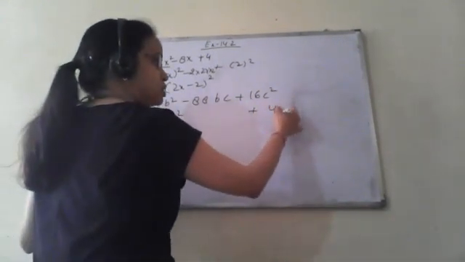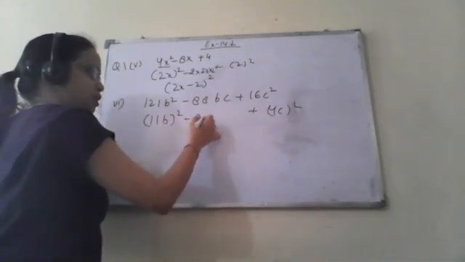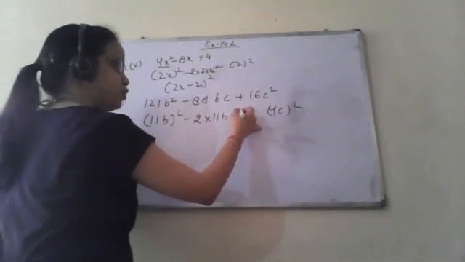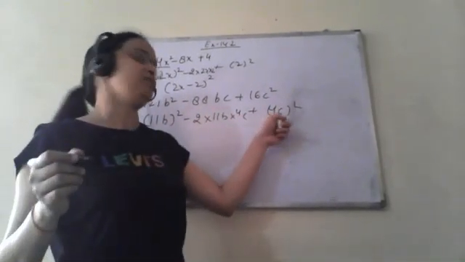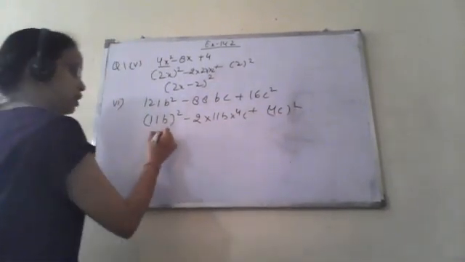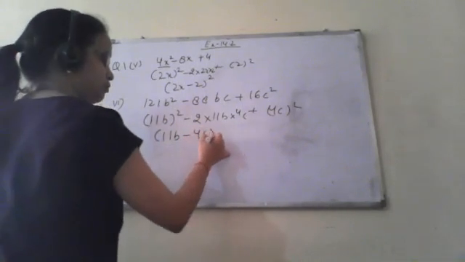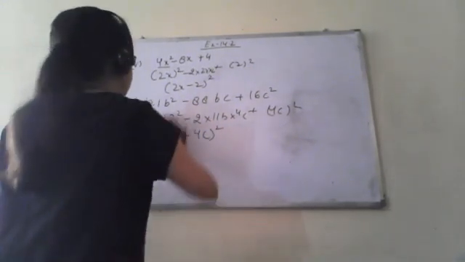This is 4c whole square, and this minus 88bc can be written as 2 into a, that is 11b, into b, that is 4c. Now we have a square, we have minus 2ab, and we have b square. So it goes like a minus b, that is 11b minus 4c whole square. Don't forget to mention the identities.